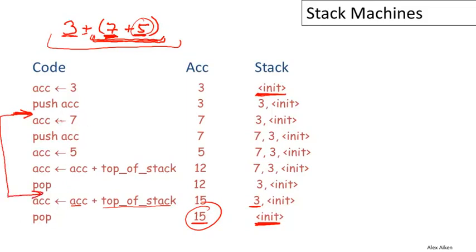And you can see that the evaluation of 7 plus 5, which encompasses these 5 expressions, resulted in 12 being placed in the accumulator, and it left the stack unchanged from where it was when the evaluation of 7 plus 5 began. So here's where it began. And the value we had saved, 3, was on the top of the stack. And when we're done evaluating 7 plus 5, indeed, again, the value 3 and all the other stuff that was there before are still on the stack.